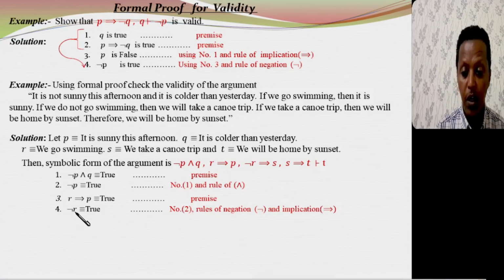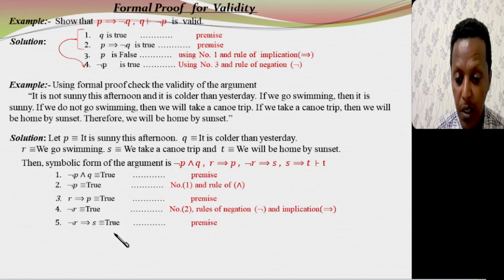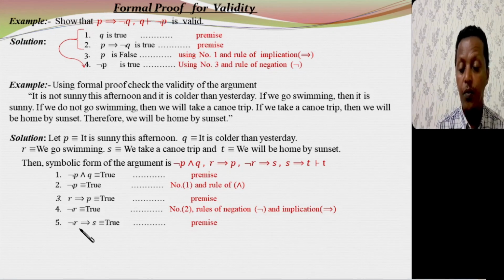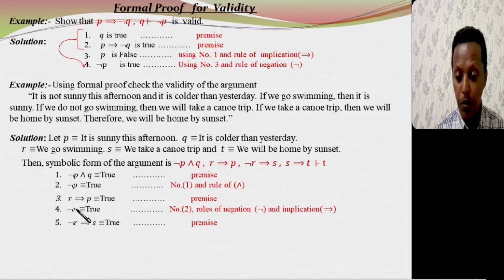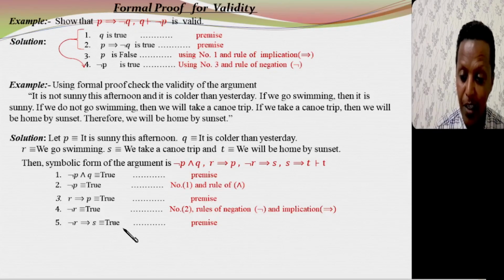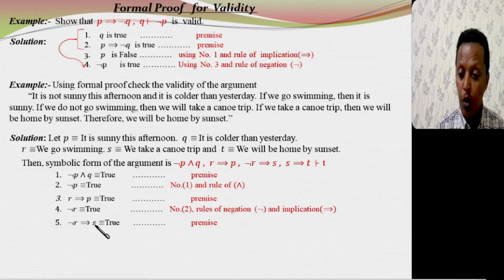Once we know negation of R is true, the third premise, we let negation of R implies S be true, because it is the third premise. In the fourth step, we know negation of R is true. So in order for true implies S to be true, the only option for S is true. S has to be true.